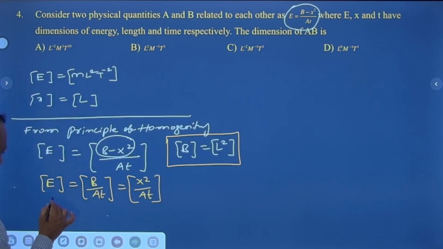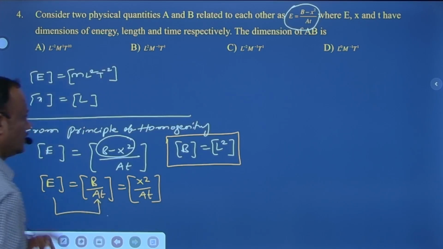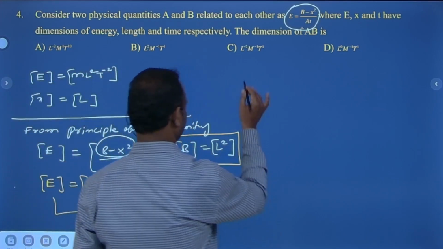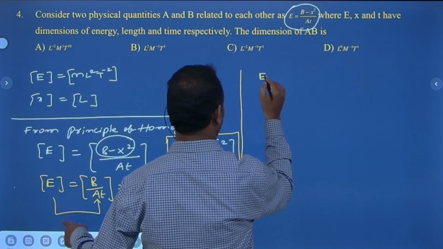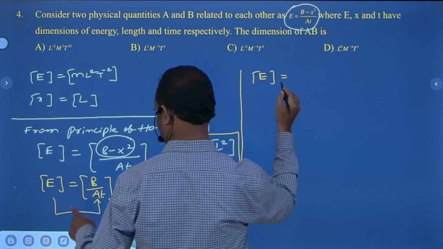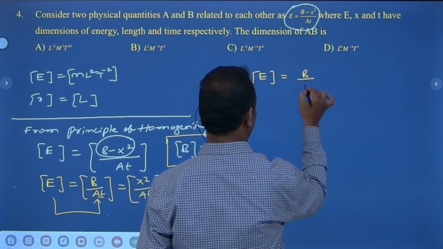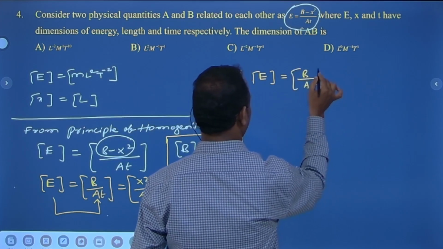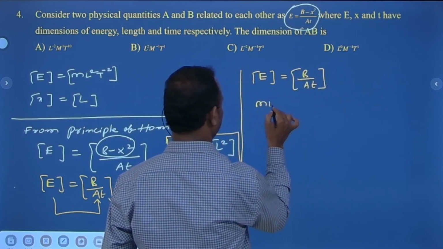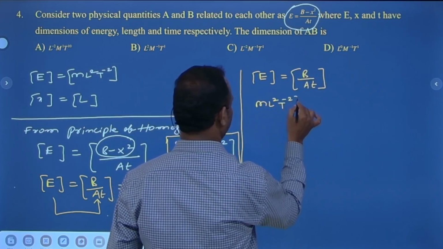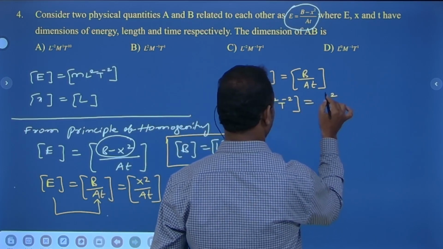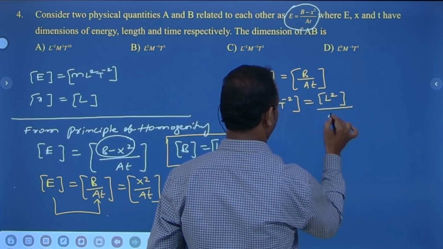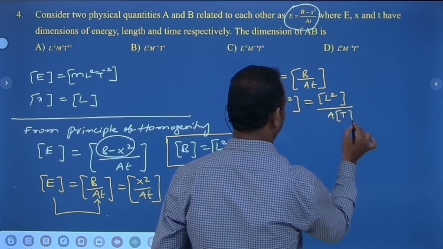So now I'm making these equal. The energy dimensional formula is equal to B by AT. So M L square T minus 2 is equal to L square by A and the dimensional formula of T.